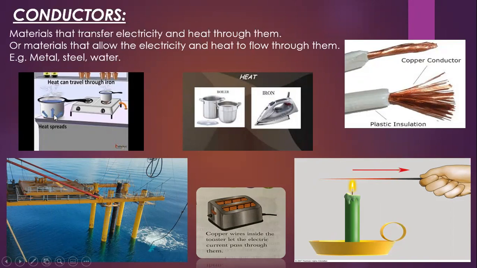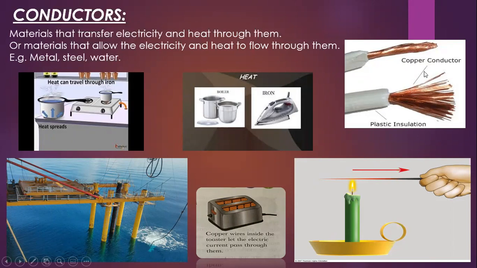So the steel is a conductor of heat. Understand? Just like an iron, when you put the plug in, the iron becomes hot because it is made of steel or metal. These are boilers. You can say different utensils.